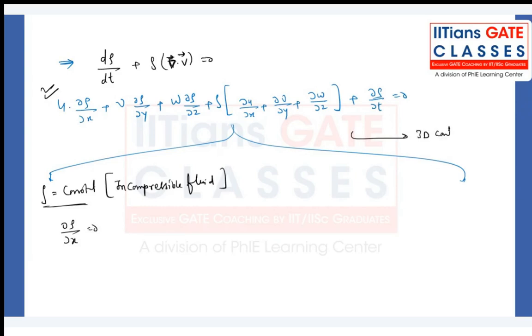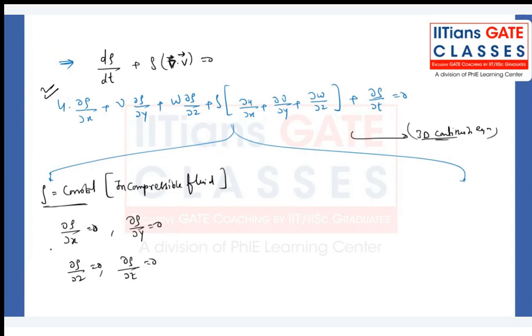Tell me, guys, whether you understood or not. You know this equation, right? From our first slide, where we started these continuity equations or mass conservation equations, you know that comfortably. Now, understand what I'm saying. If density is constant, dou rho by dou x will be 0, dou rho by dou y will be 0, dou rho by dou z will be 0, dou rho by dou t will be 0.